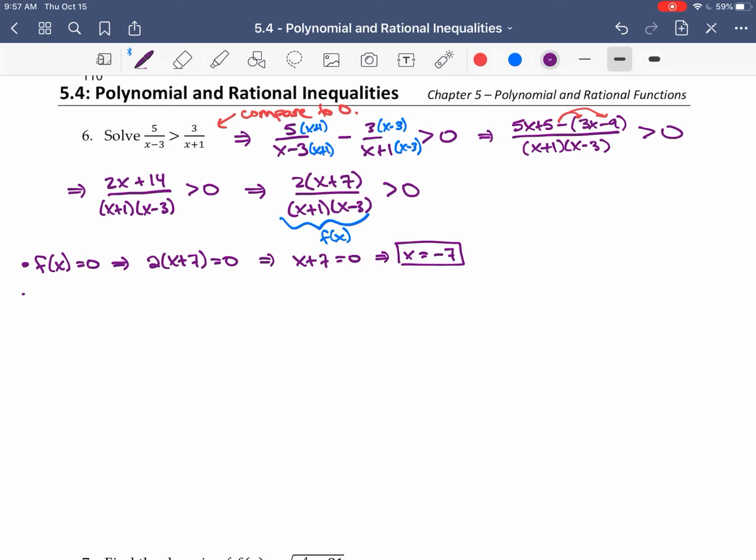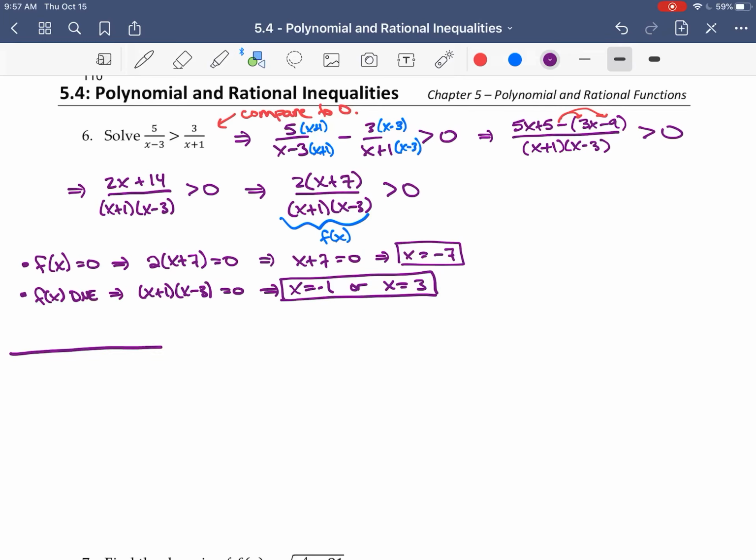That's the x value of an x-intercept. f of x doesn't exist when the bottom is 0. So that's when x plus 1 is 0, or x minus 3 is 0, so x equals negative 1, or x equals 3. Those are the values we want to put on our number line.